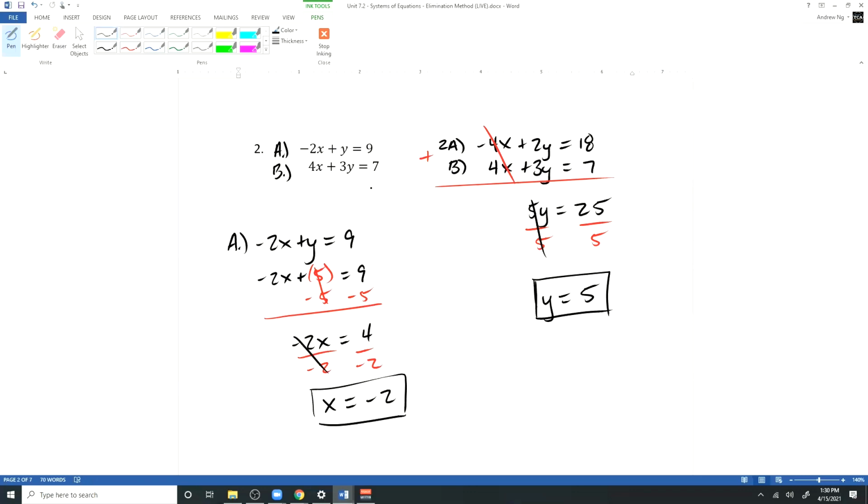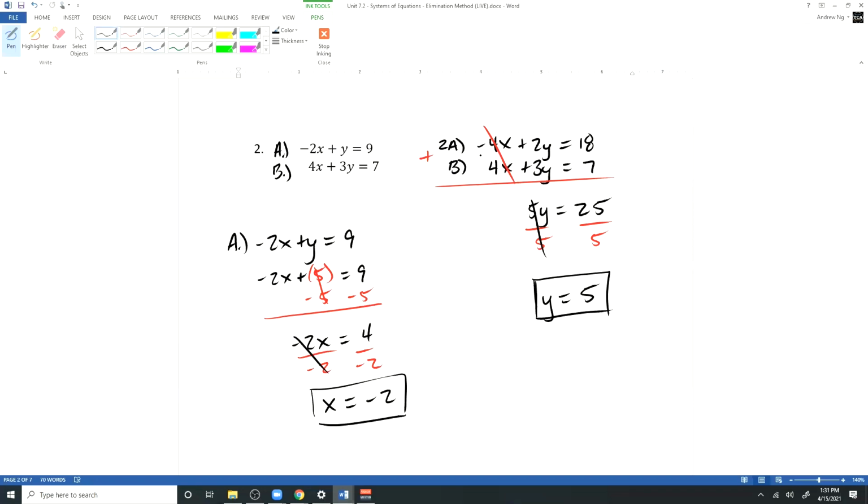If they match exactly, like in problem 1, where we had 3x and 3x, both positive, if they were the same sign, you subtract those equations. And here, they're exactly opposites. I had negative 4x and positive 4x. When they're exactly opposite, you're going to add the equations together. Doing so is going to make it so that the coefficients on that variable end up canceling.